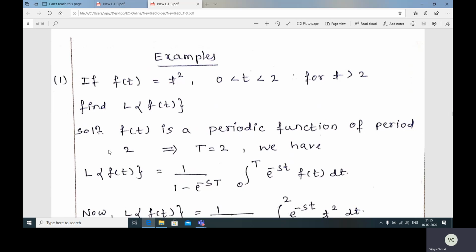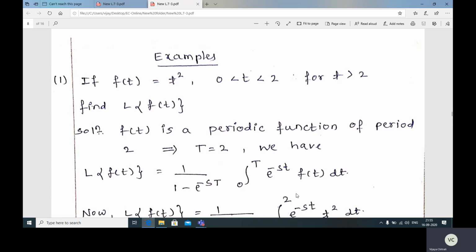So we have the Laplace transform of f of t equal to 1 upon 1 minus e raised to minus s into capital T, integration from 0 to capital T of e raised to minus st f of t dt.